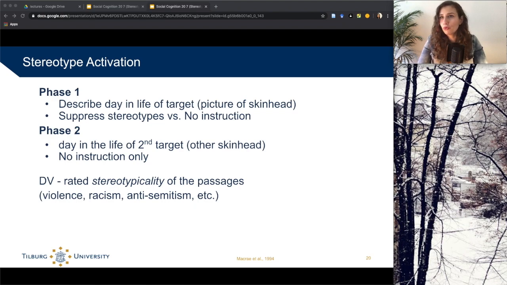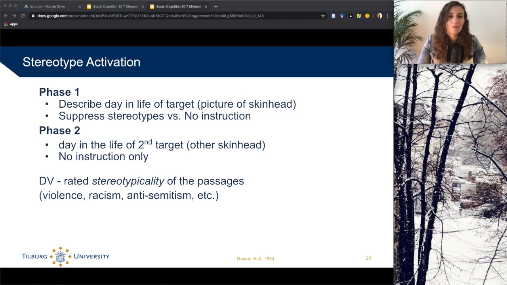So there are 2 conditions here. Differently from what I just did, where I put you all in the same condition, the suppress the stereotype condition. And then in phase 2, they were asked to describe a day in the life of a second target person, another skinhead, and there was only the no instruction condition. So none of the participants were told to suppress stereotypes.